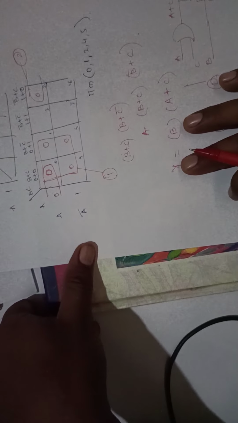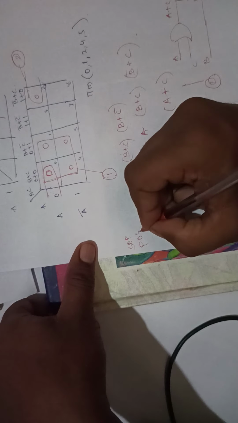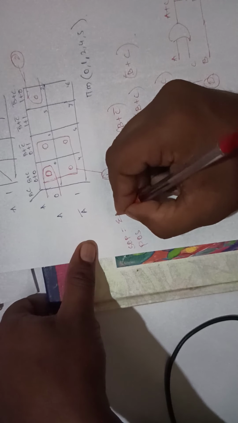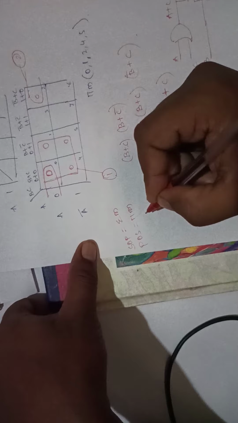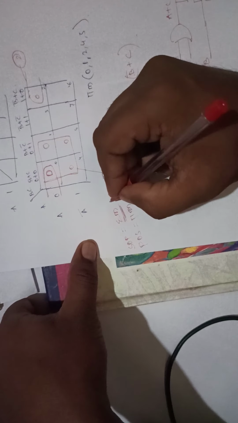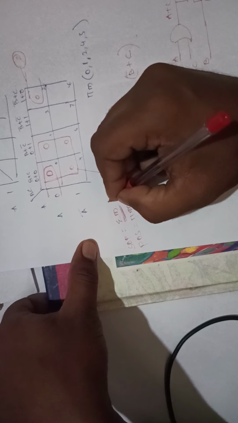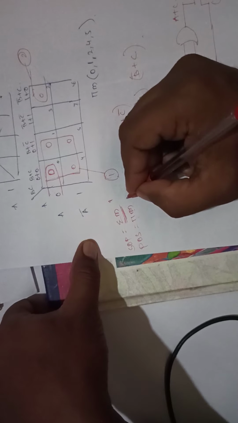In SOP and POS, in SOP we write summation m, here we write pi m. In the K-map in SOP form, when a value is present we write 1, here we get 0.